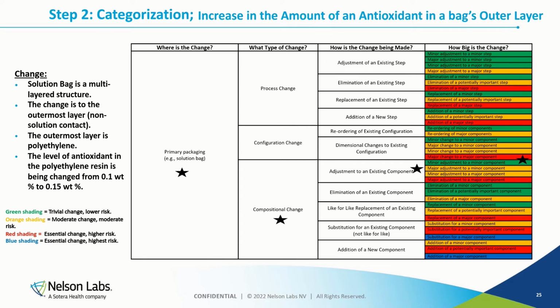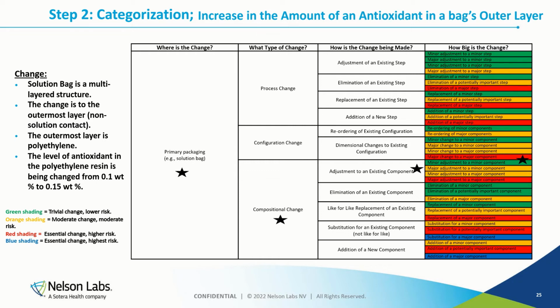Again, it's a compositional change. We're changing the composition. We're adjusting an existing component. We're not adding a new component. We're not substituting a new component. We're not replacing the component. We're just adjusting an existing component.